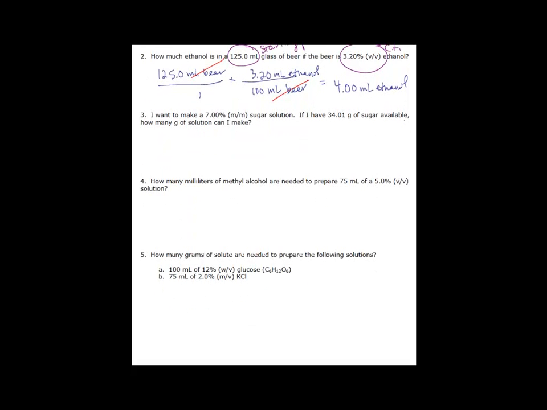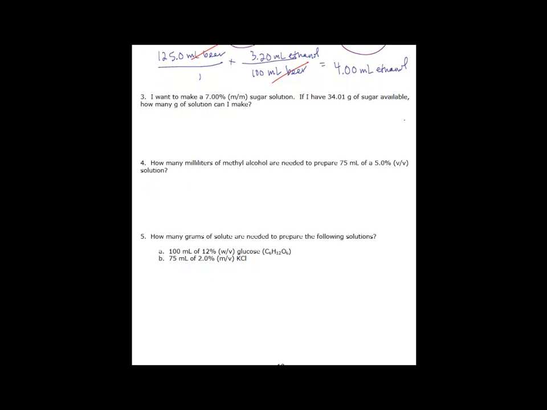Okay, number 3, it's asking for how much solution can you make. This is your conversion factor. This is your starting quantity. So I'm going to put 34.01 grams of sugar over 1.